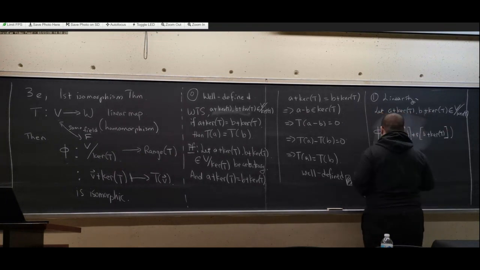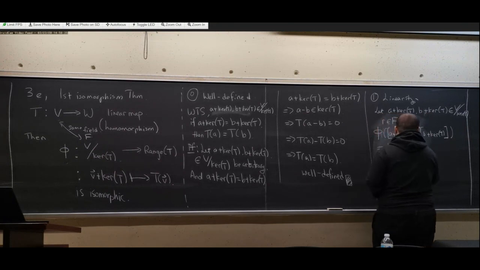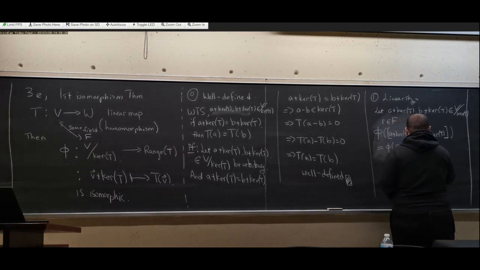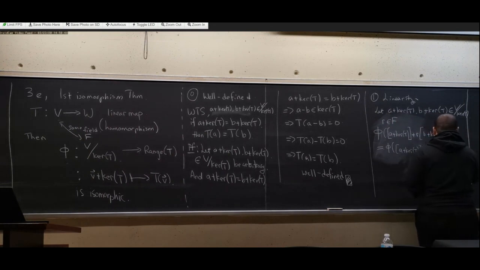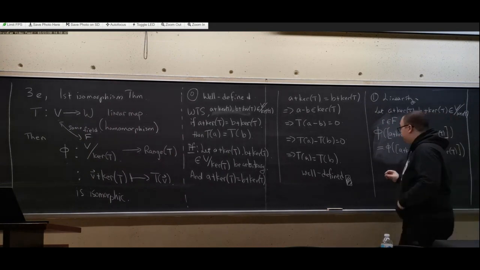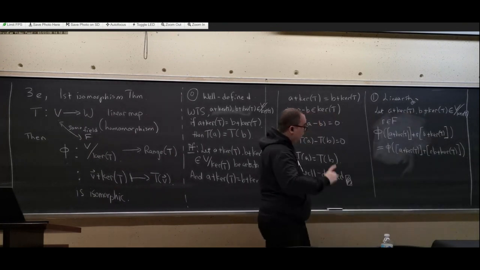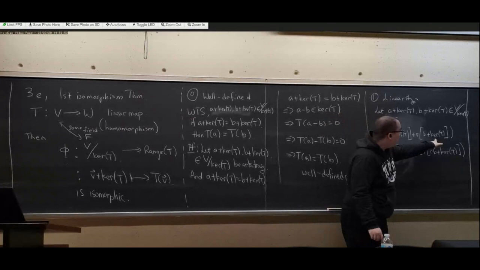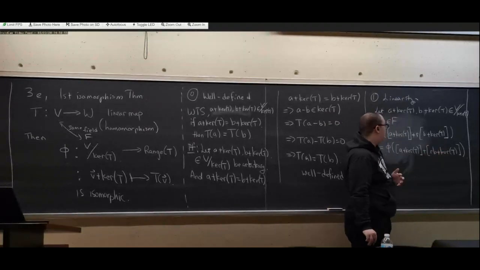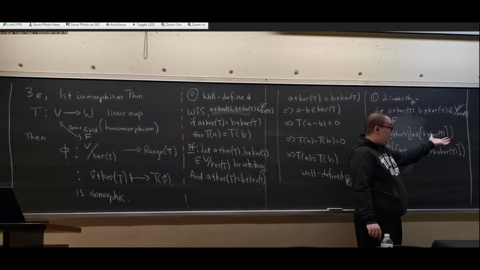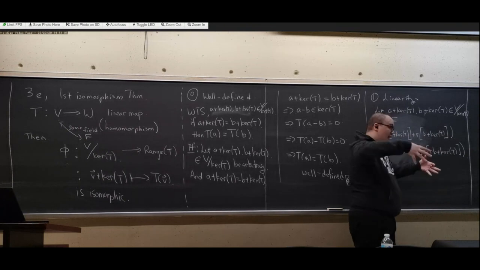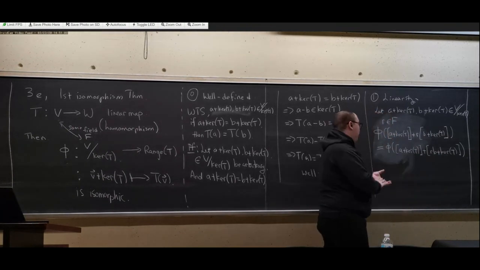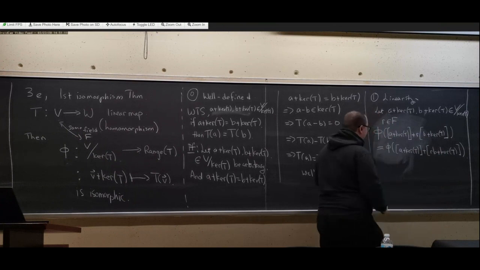We just multiply by the representative. So this is the same as phi of A plus kernel of T plus RB plus kernel of T. If I take a coset and multiply by some constant, I just multiply the representative. Because if I take this entire set, which by the way is a subspace, and I multiply by a constant, then I didn't do anything because the subspace is extending in all directions, so it is contained in a scalar multiplication.